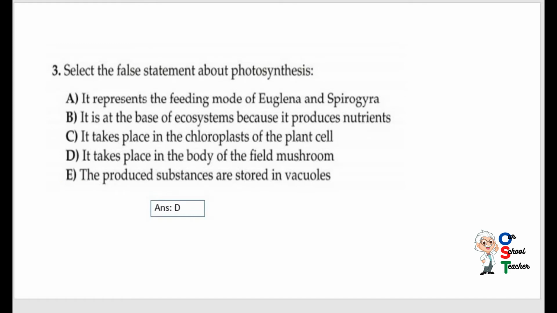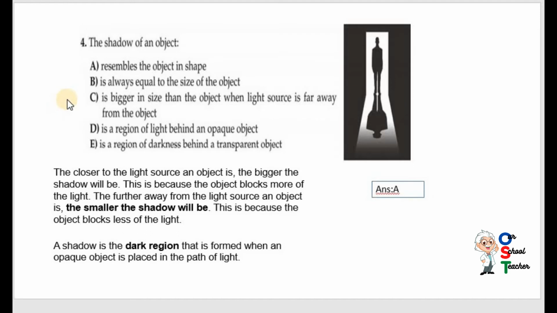Now question number 4. The shadow of an object resembles the object in shape. Yes, it is correct. But read other options as well. B. It is always equal to the size of the object. C. Is bigger in size than the object when the light source is far away from the object.